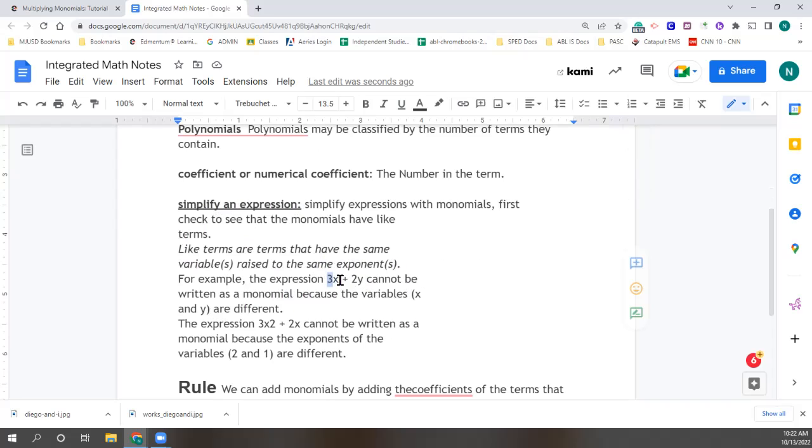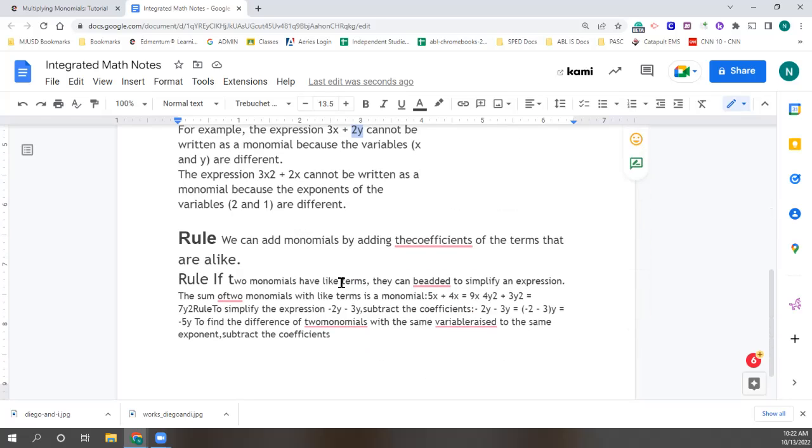You can say I have 3 apples and 2 oranges, but you cannot combine them to say I have 5 apple oranges. I hope that makes sense. Moving on.